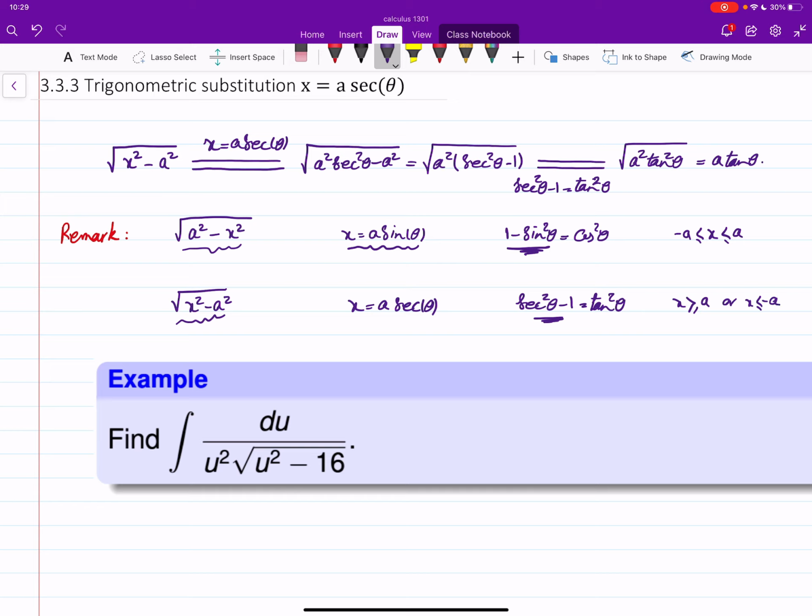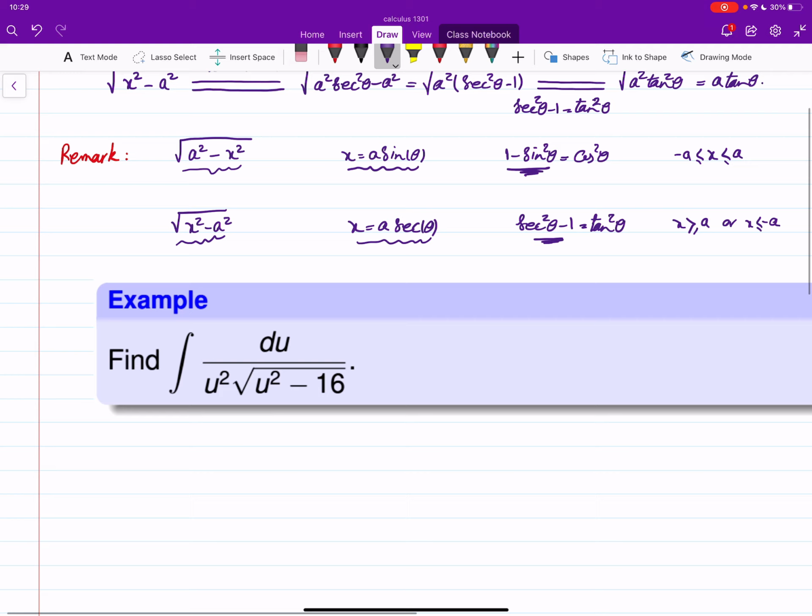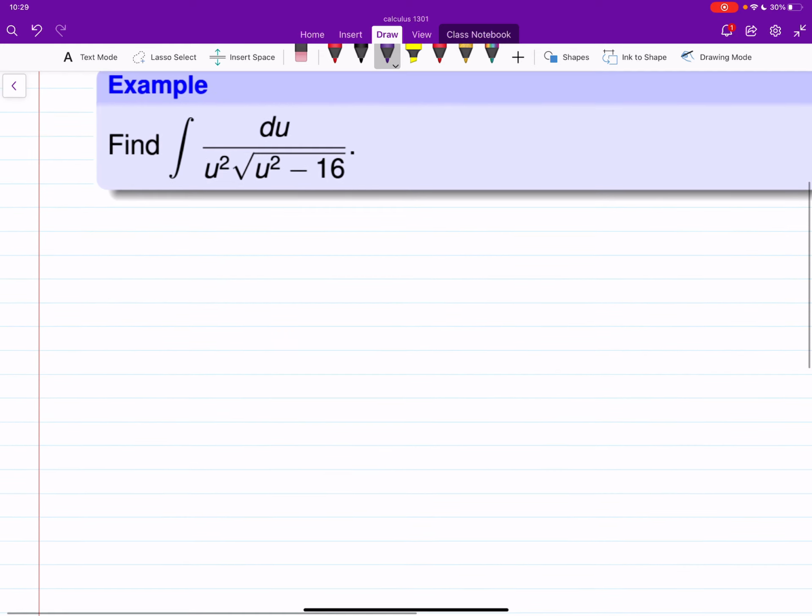And again, that matches this one, because the range of secant is bigger than 1 or less than negative 1. Okay, so let's see this in practice.